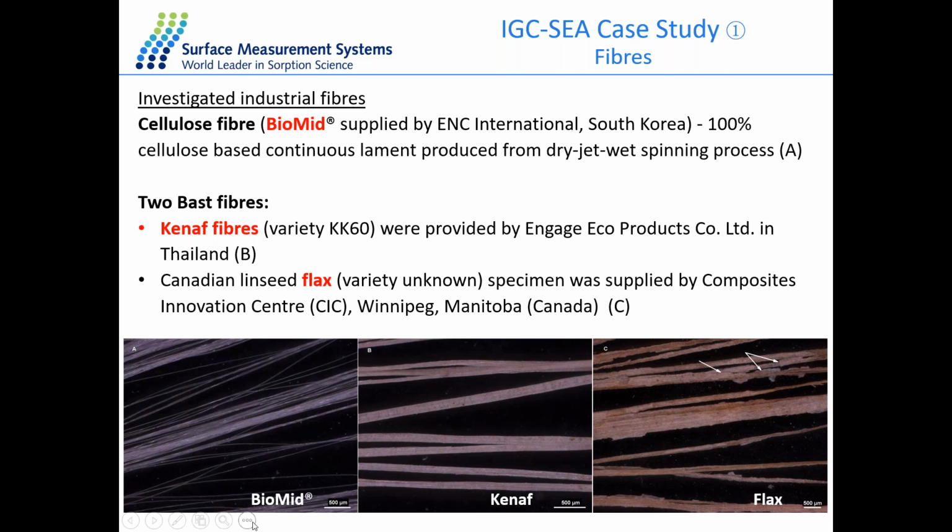As we see, the surface of the biomeat sample and the KNAF sample are quite neat and clean, and very uniform. But the flex fiber shows some fragments of cuticles on the surface, and the surface is not as smooth as the other two samples.